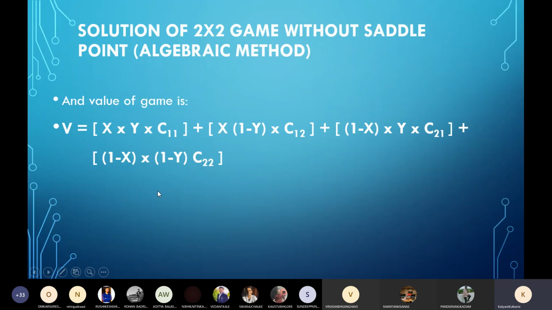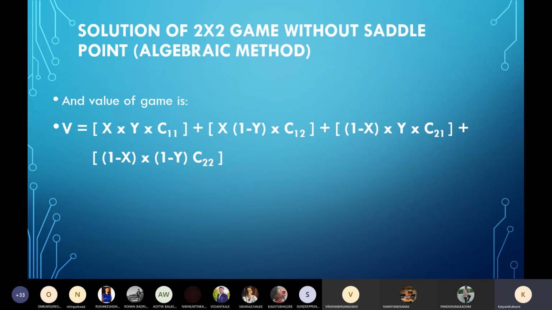So this gives you the value of game. Once you convert any order matrix into a 2 by 2 matrix, you can easily find the value of game using the above empirical equation. But for that you need to find x and y and 1 minus x, 1 minus y using the previous equation.